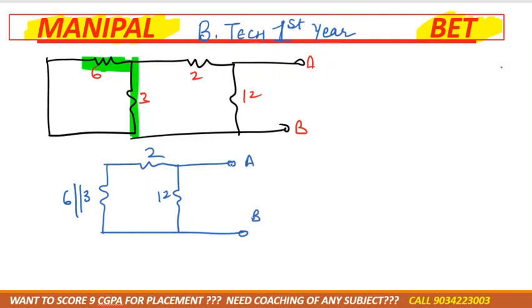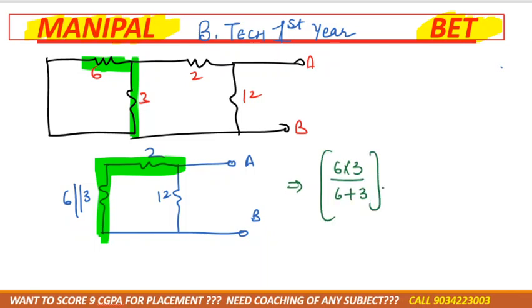Now you are again moving from A towards B. This one and this one, are they on the same path or on a different path? Same path, so that means series. 6 divided by 6, right, plus 2 will become a single resistance, and then combine it in parallel with 12 ohm, right?